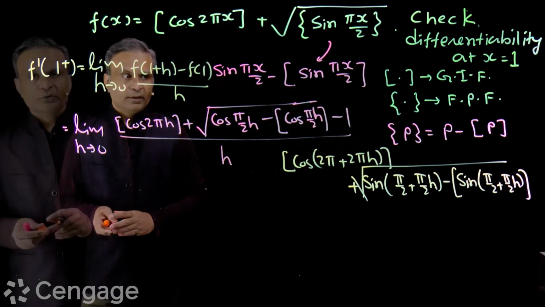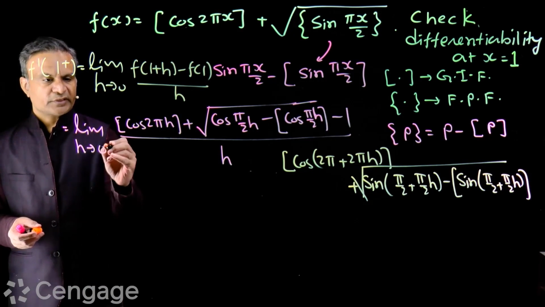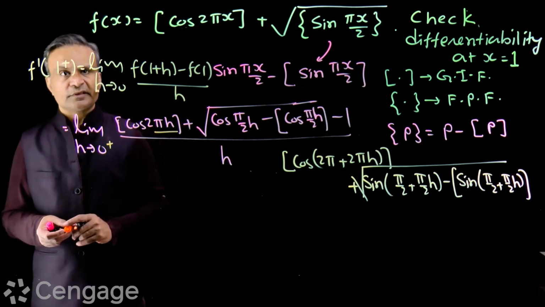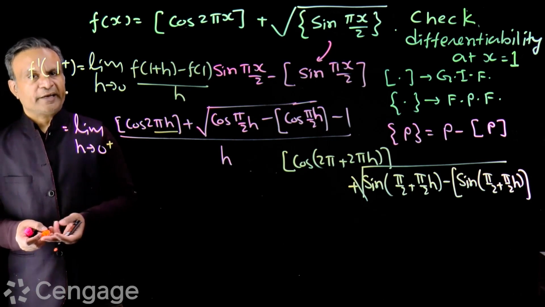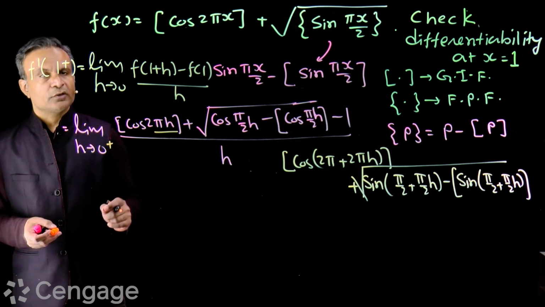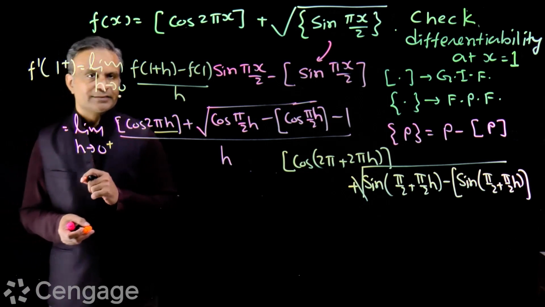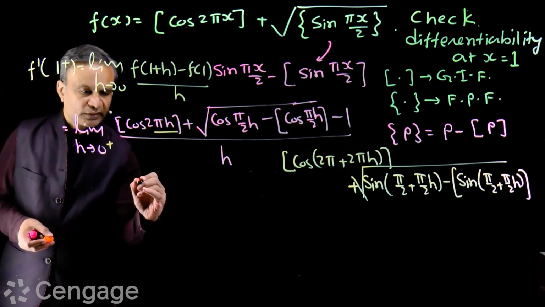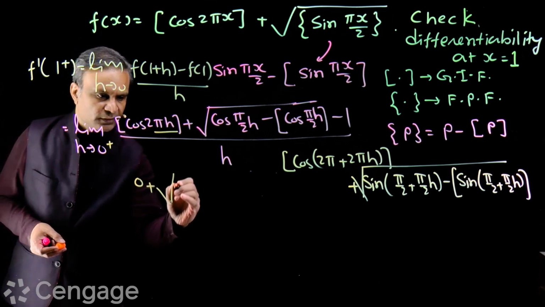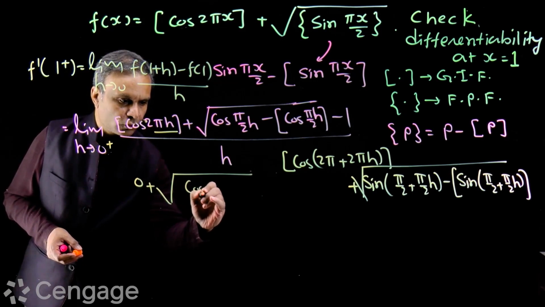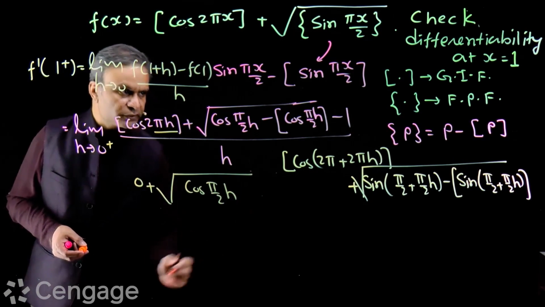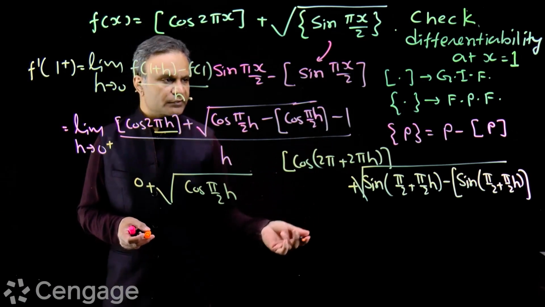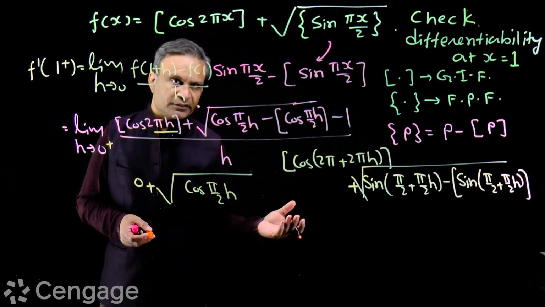Now here h tends to 0 means h tends to 0+. For 0+ this angle will be 0+ and the value of cos 0+ is less than 1. Cos 0 is 1, but cos 0+ is slightly less than 1, and the greatest integer of a value slightly less than 1 is 0. So we have 0 plus square root of cos(πh/2); again cos 0+ is less than 1 and its greatest integer is 0.